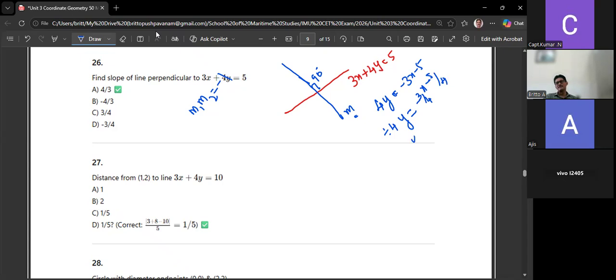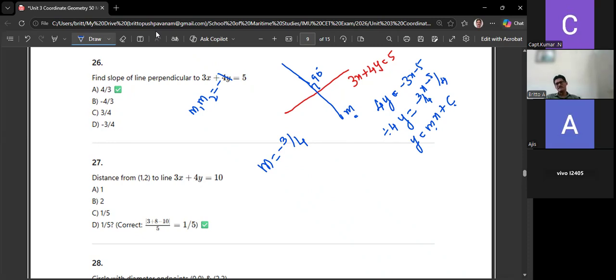In general, the line equation is y equal to mx plus c, where c is called the y-intercept and m is called the slope. The coefficient of x is the slope. So here the slope m equals minus 3 by 4. This is the slope of the line 3x plus 4y equal to 5.